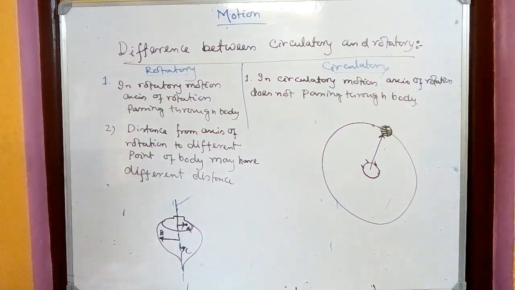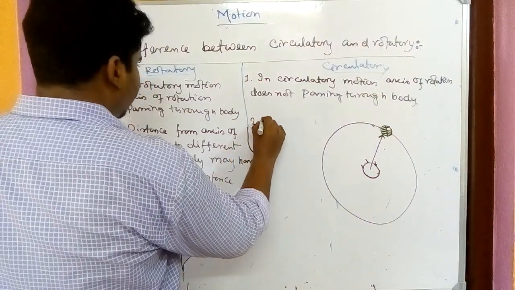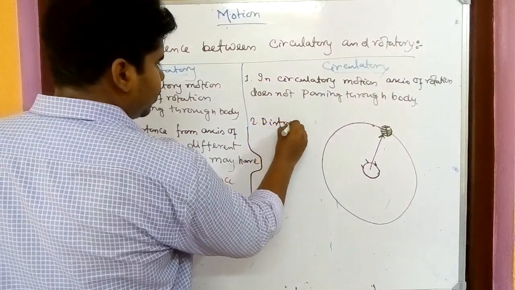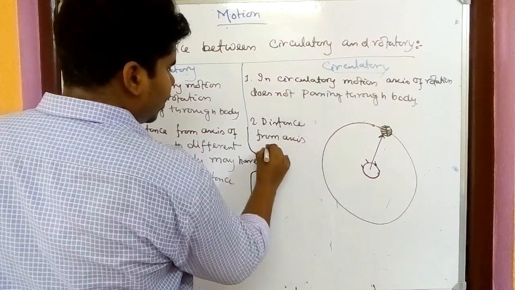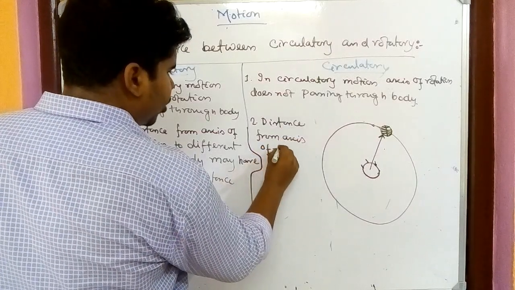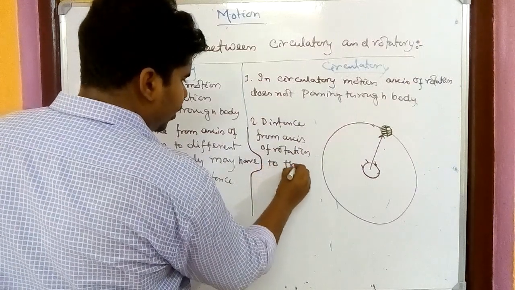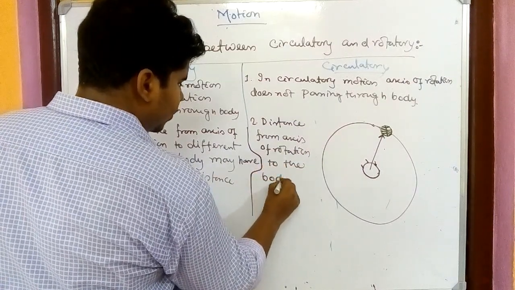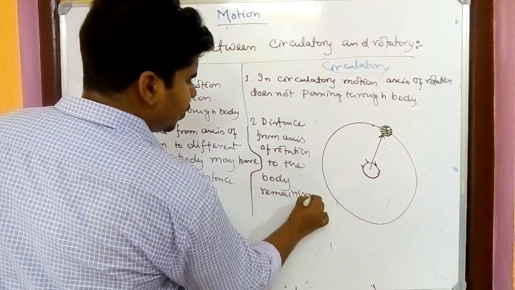But for circulatory motion, number 2, the distance from the axis of rotation to the body remains the same.